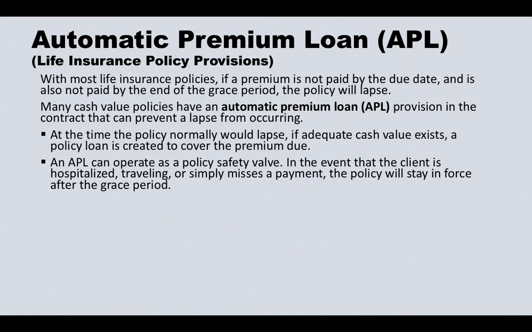If you have a whole life or universal life policy, you basically have a fixed premium. Let's just say you pay monthly or annually. If you forget to pay it, or in some situation you couldn't pay it, you should have an automatic payment set up.